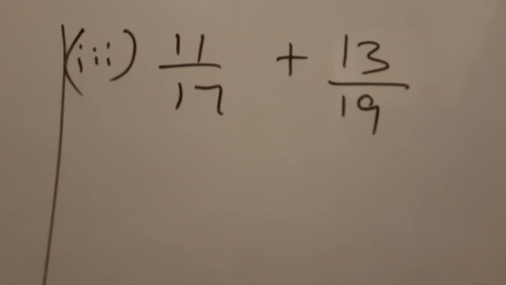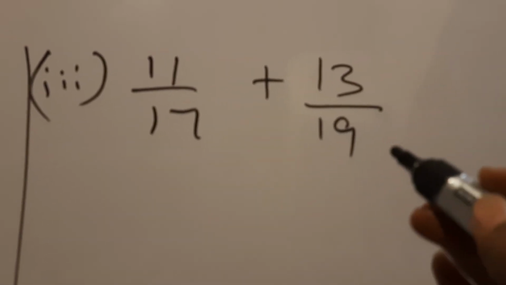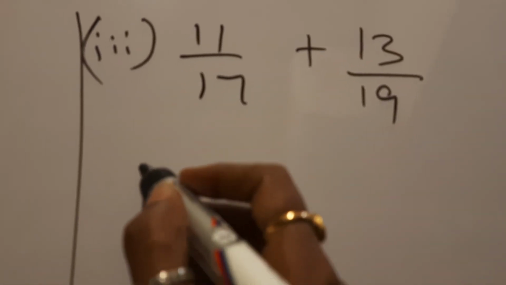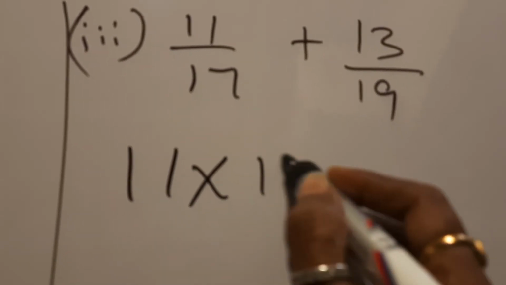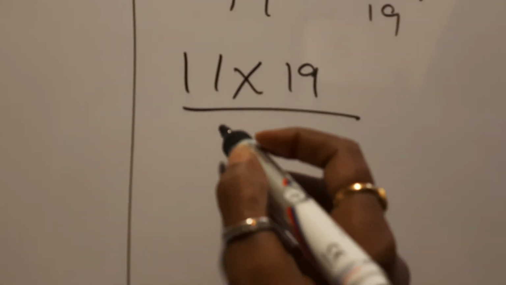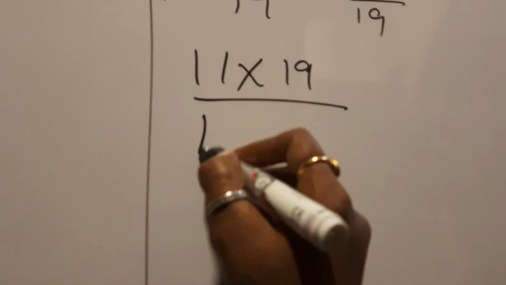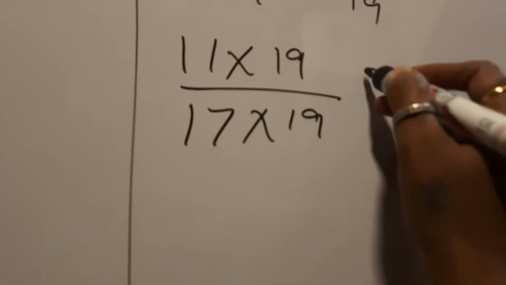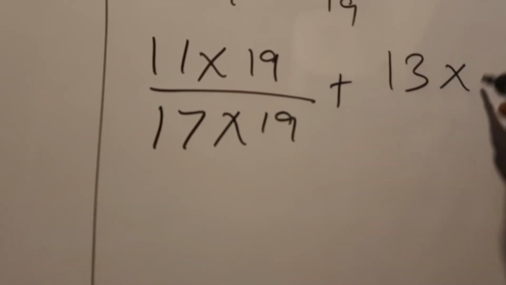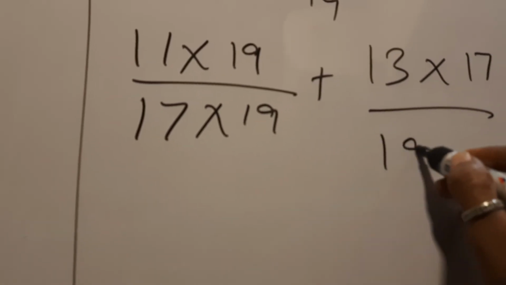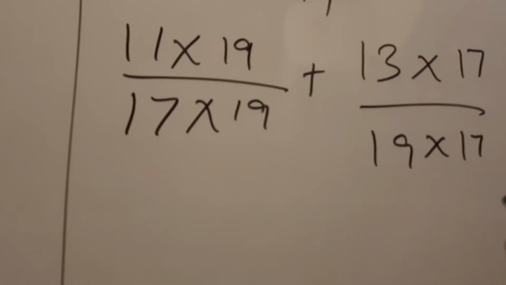Third sum, children, 11 upon 17 plus 13 upon 19. Cross multiplication, 11 into 19 upon 17 into 19 plus 13 into 17 upon 19 into 17.